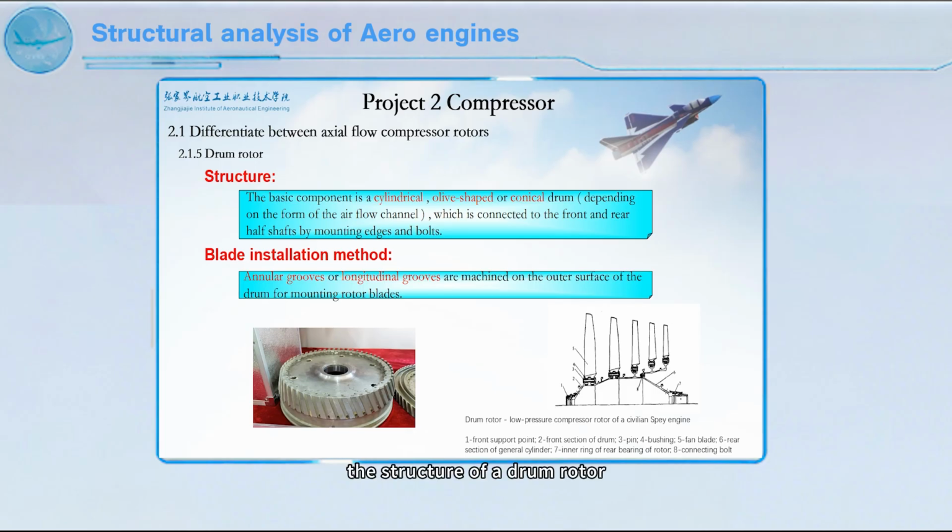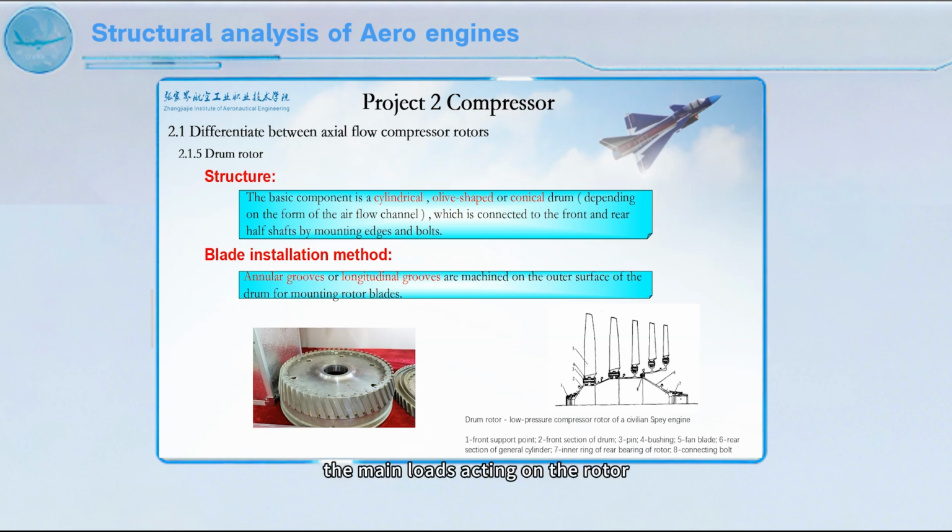The structure of a drum rotor is generally a cylindrical, olive-shaped, or conical drum connected to the front and rear half shafts by mounting edges and bolts. There are annular grooves, or longitudinal grooves, on the outer surface of the drum to install the rotor blades.